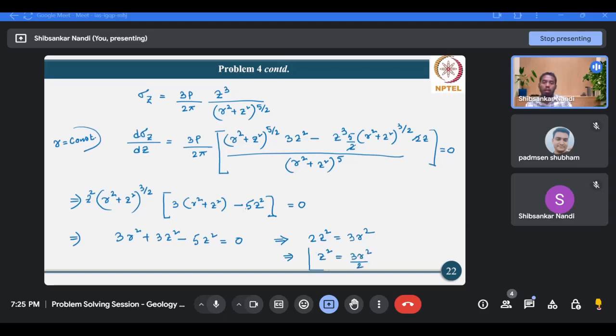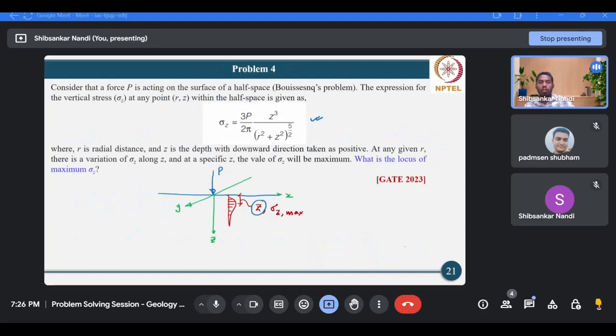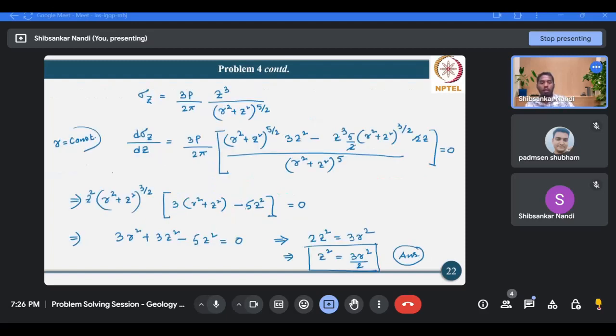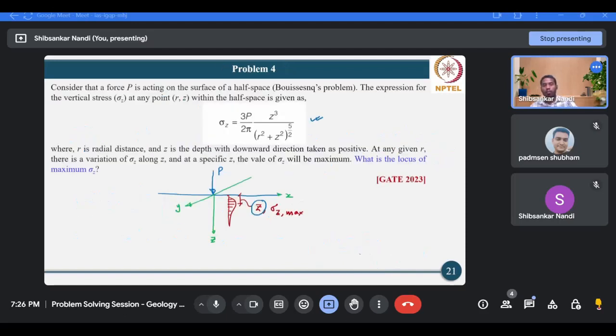So this is the locus. This is the locus of maximum sigma z. Now if you substitute any value of r, you will get the value of z at which sigma z will become maximum, apart from the line of action of this p value.